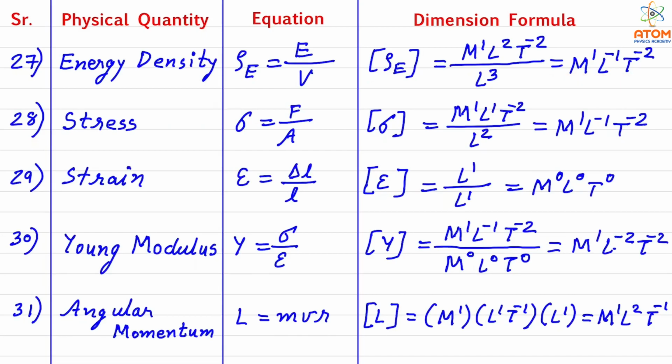Here you might get confused that this V is sometimes for volume, sometimes it is voltage or potential. This rho is sometimes for just density, here it is for energy density, and so on. Physical quantities are in a very large number, and the English alphabets are only 26.